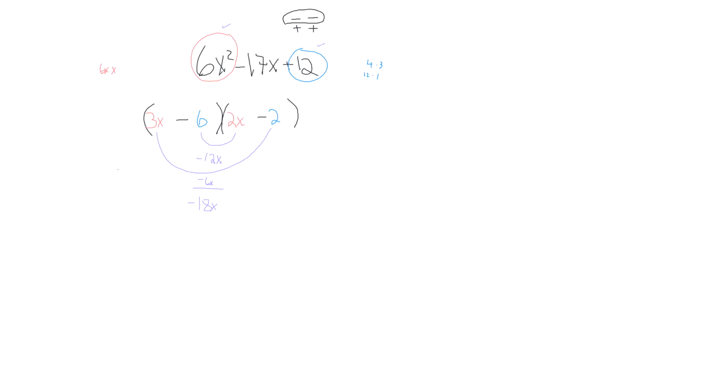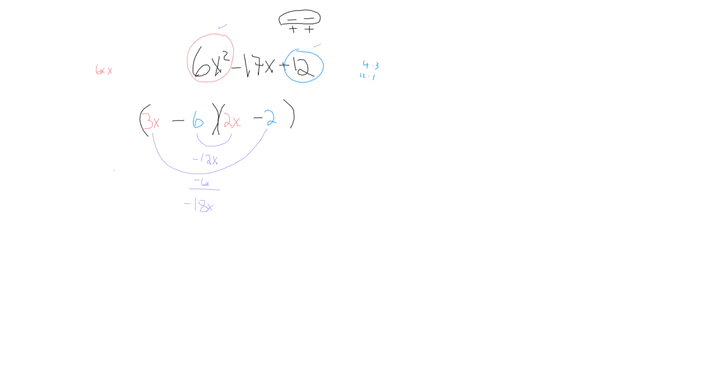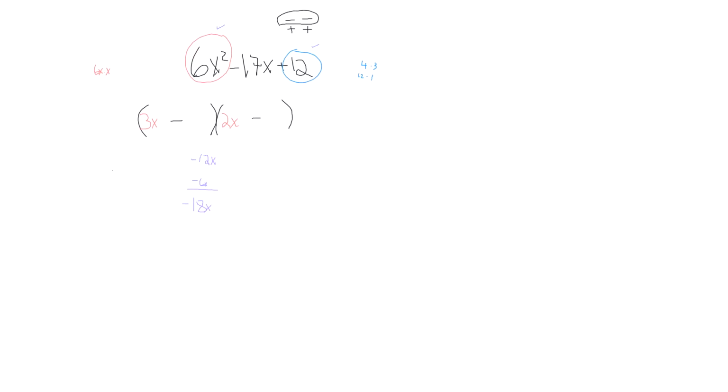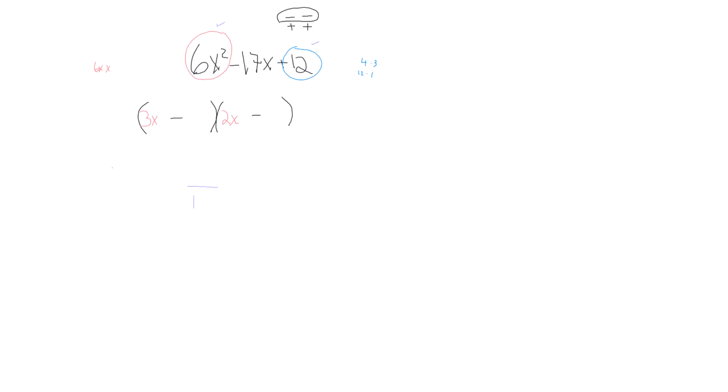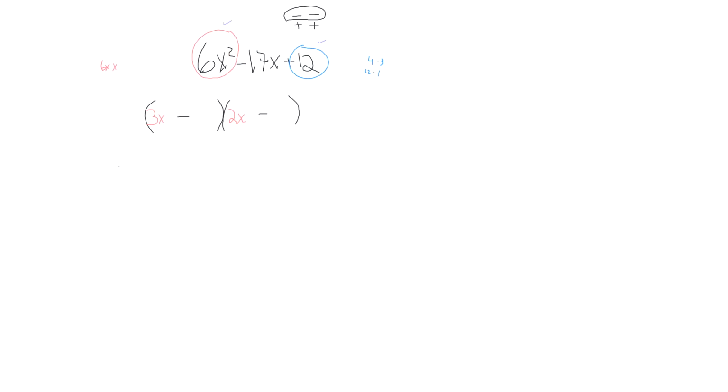Usually I try to flip the second numbers to see if that has anything to do with it. I'll try that first. And if that doesn't work, then I'll try different numbers altogether. So instead of 6 and 2, I'll put 2 and 6.